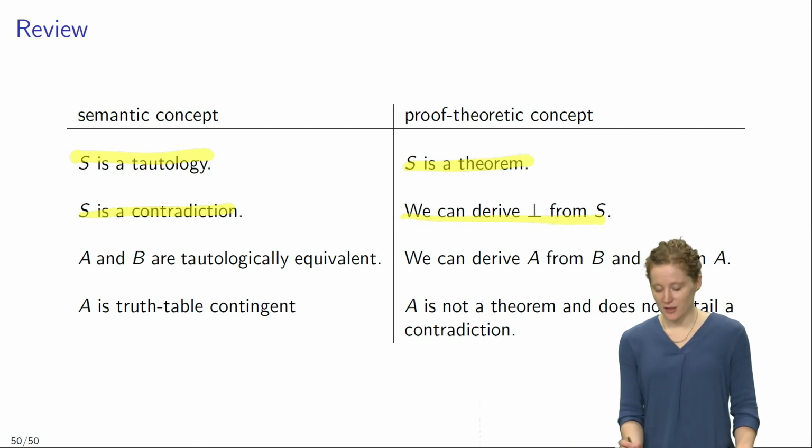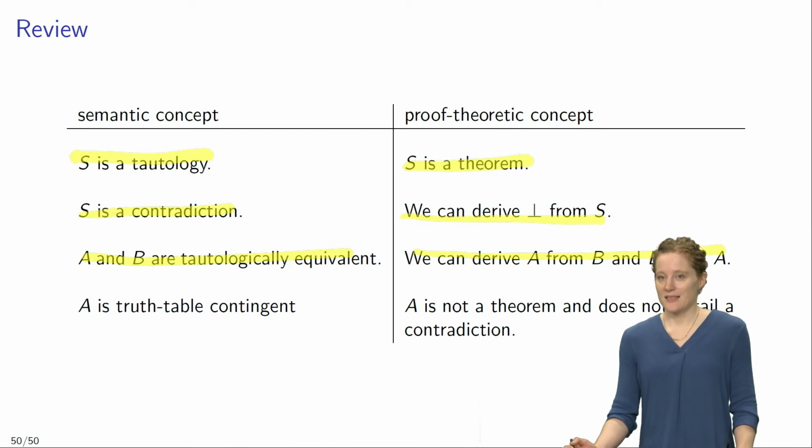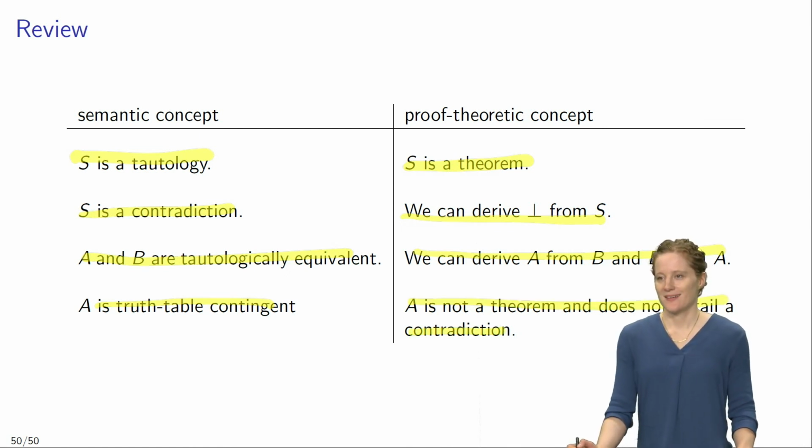Furthermore, A and B are tautologically equivalent if and only if we can derive A from B and B from A. And finally, a sentence A is truth table contingent if and only if A is not a theorem and does not entail a contradiction. So in short, given that TFL is both sound and complete, these concepts can be used interchangeably.